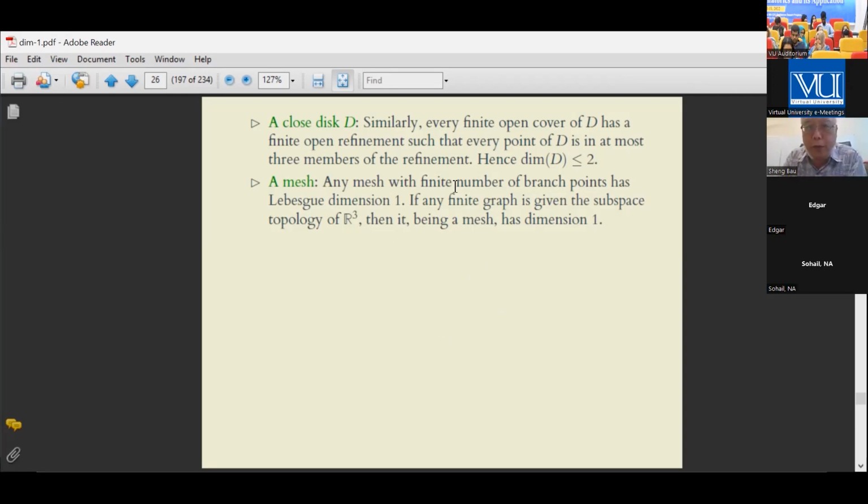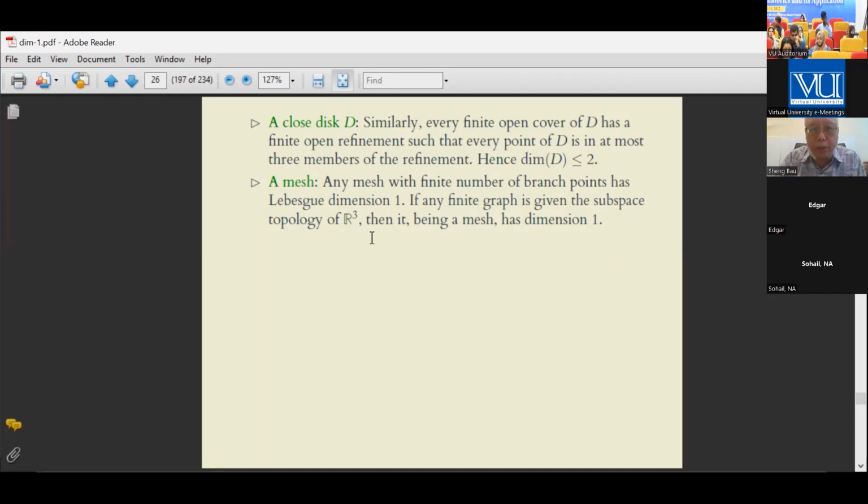So any mesh with a finite number of branch points, so every degree is finite, which is essentially a locally finite graph. Even if the graph is infinite, but every vertex has finite degree, we call it a locally finite graph, a mesh. If you regard vertices as points and every point on the edges as points as well, then this has dimension 1, because there always exists a finite open refinement of any given finite open cover, such that every point is in at most 2 of the open sets.